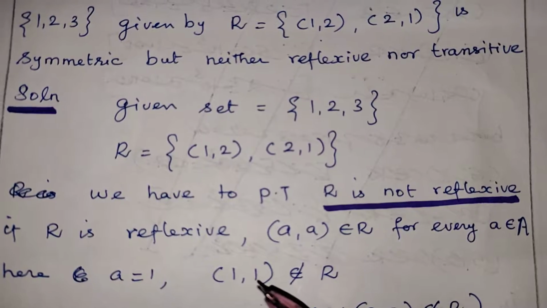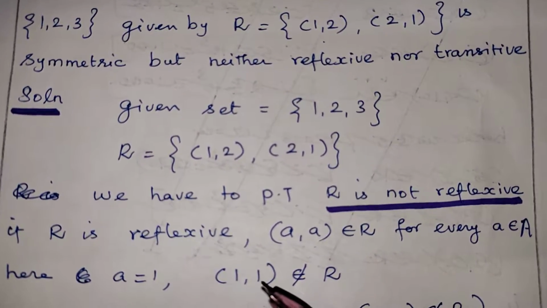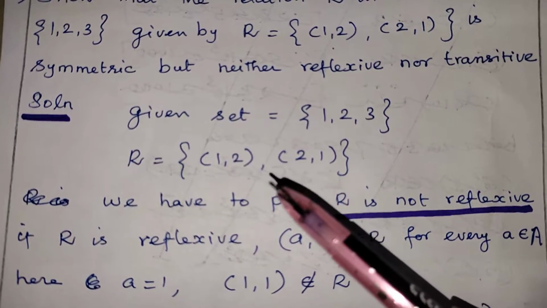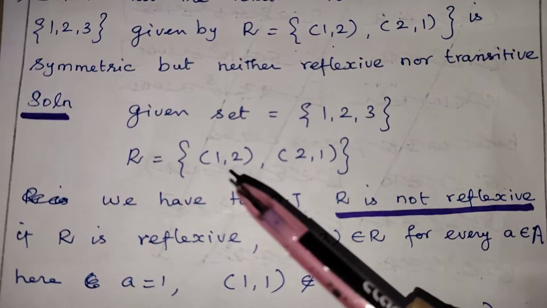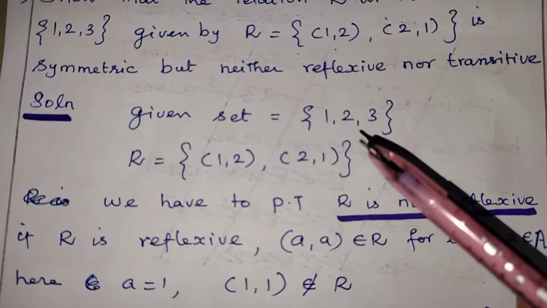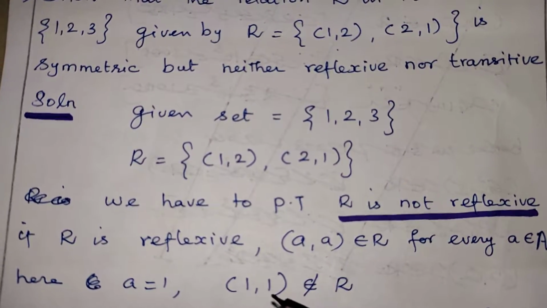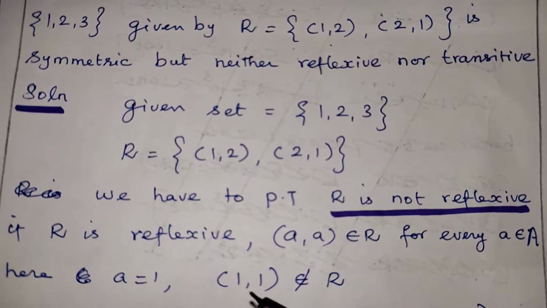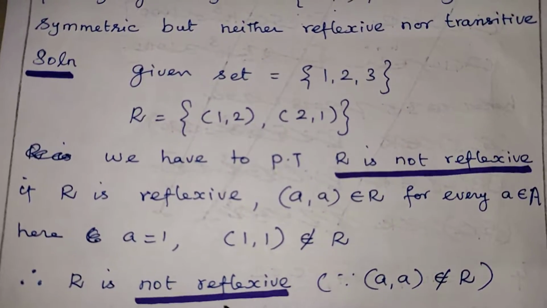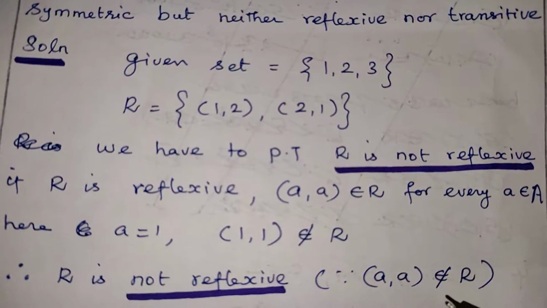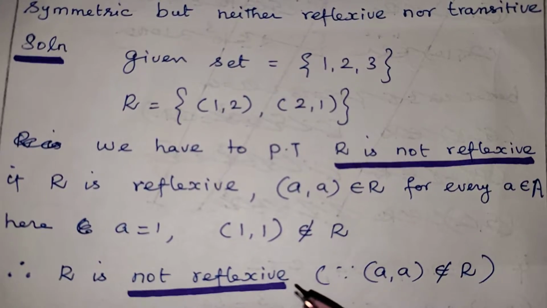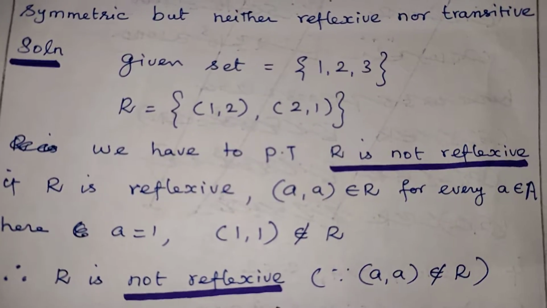Does (1, 1) belong to R? No, it does not belong to R, because in this R we have two pairs only, (1, 2) and (2, 1). There is no pair (1, 1). So (1, 1) does not belong to R. That means R is not reflexive because (a, a) does not belong to R. Now we have proved R is not reflexive.